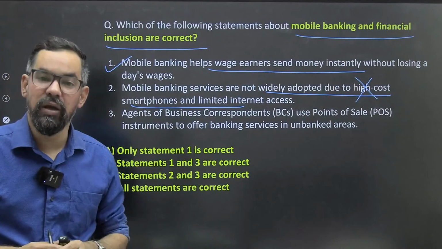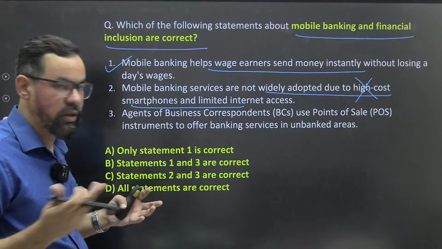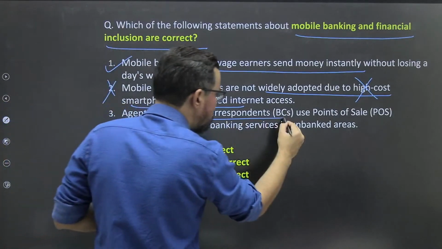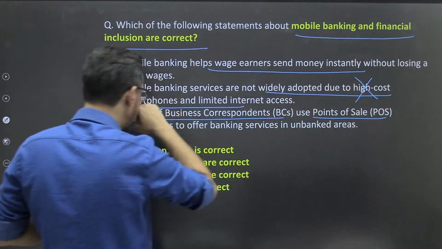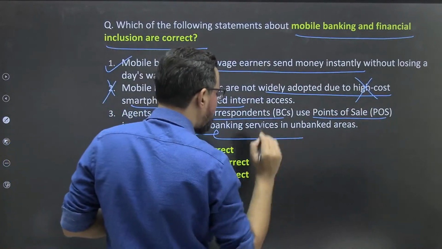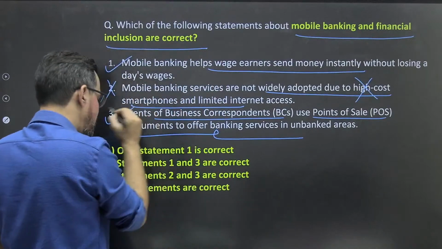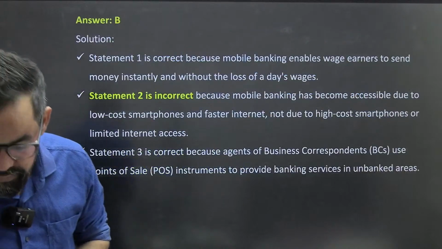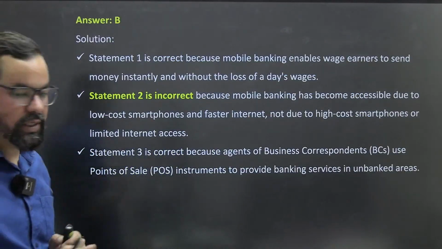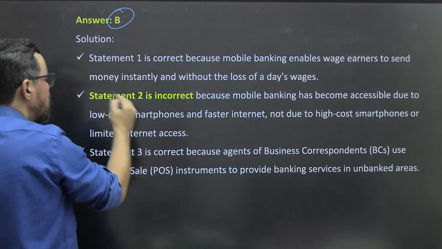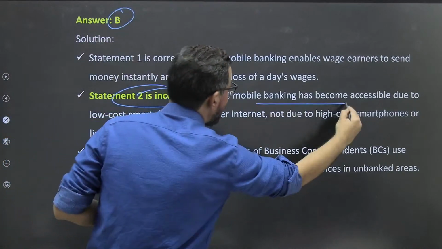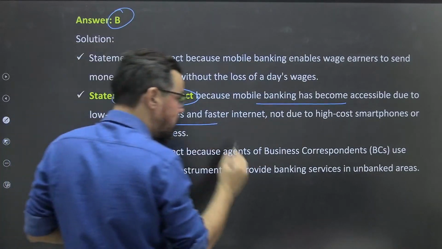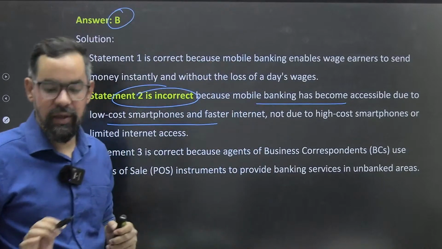That's why UPI has become one of the largest payment systems even in the world, right? So this makes this statement wrong. Agents or business correspondents use point of sale POS instruments to offer banking services in unbanked areas. 100% true. So the correct answer will be option B. If you have given option B, you have scored half marks, right? Statement 2 was incorrect because mobile banking has become accessible due to low cost smartphones and faster internet. All right, clear?